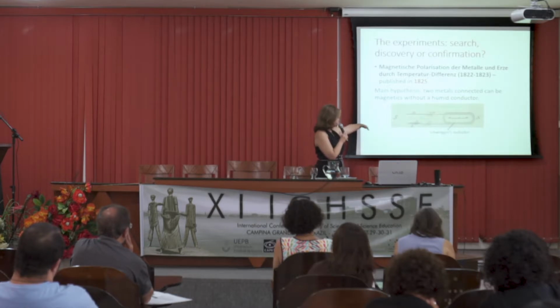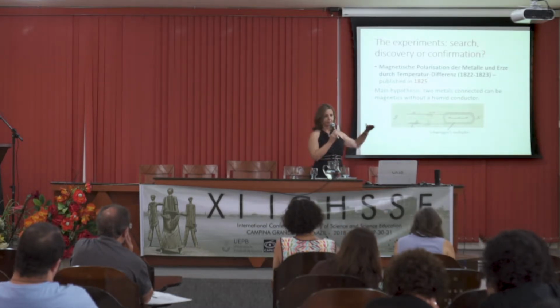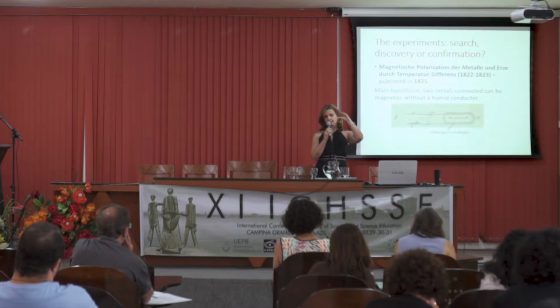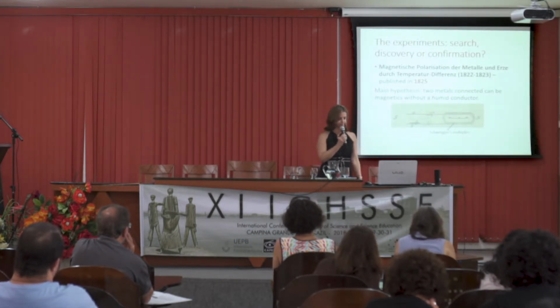At the extremity of the multiplier, you have a disc of copper and a disc of bismuth, and he tried to close this with his hands. Okay, this is the first experiment.